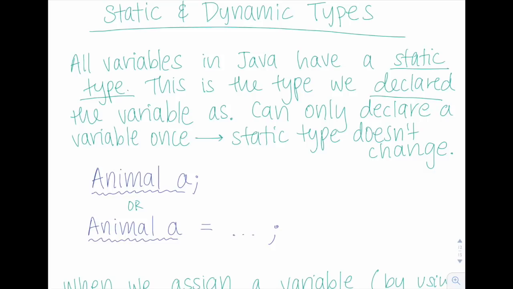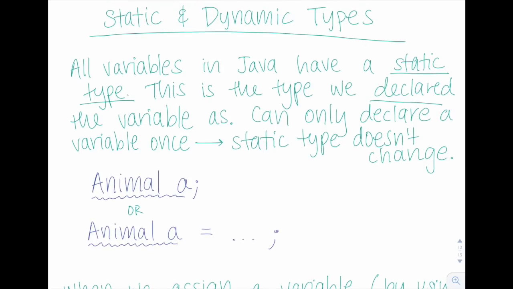All right, so let's start with an overview of static and dynamic types before we jump into question 3 from the worksheet. First of all, variables in Java must have a static type. This is the type that we declared the variable as.